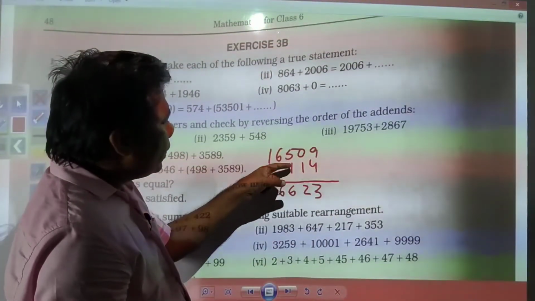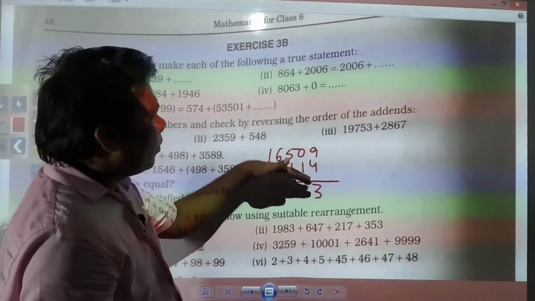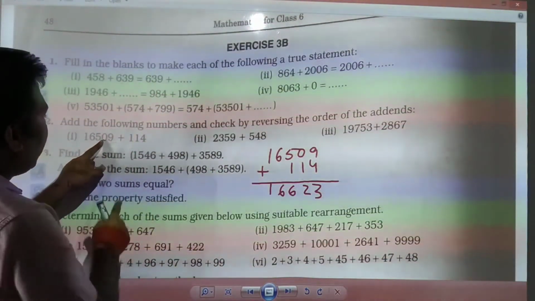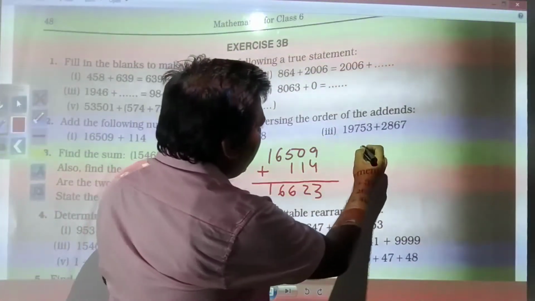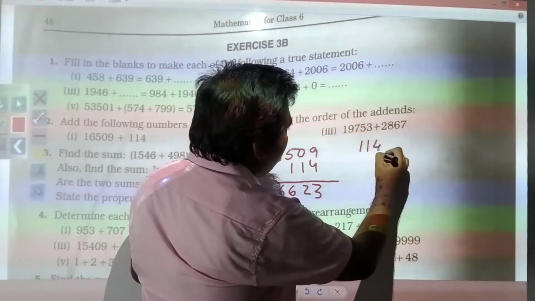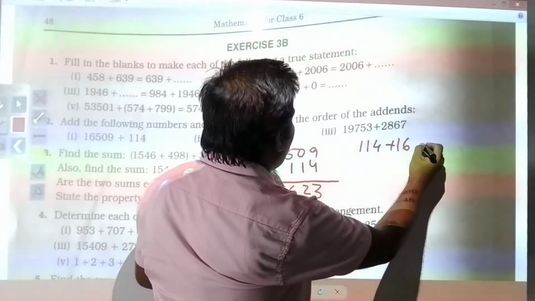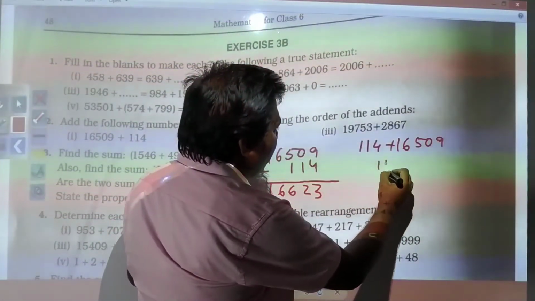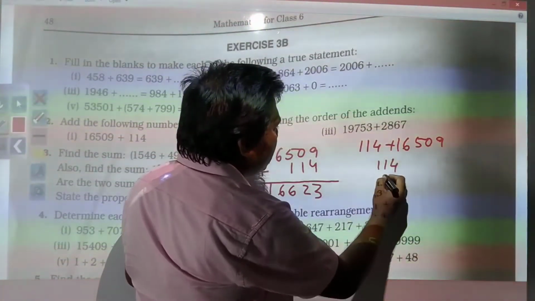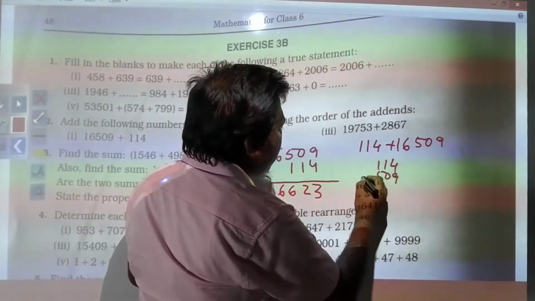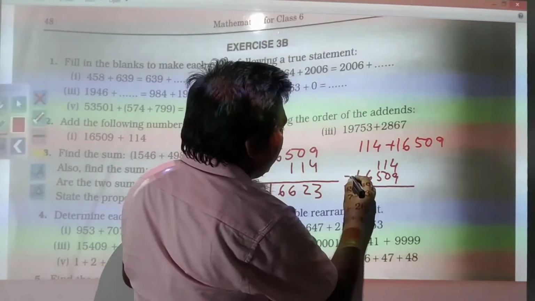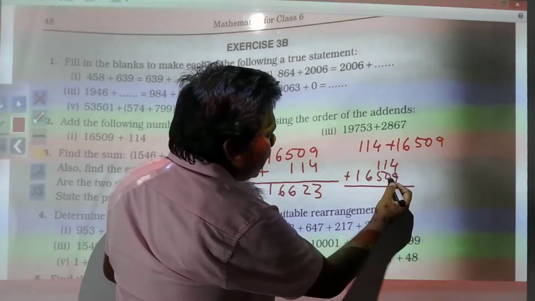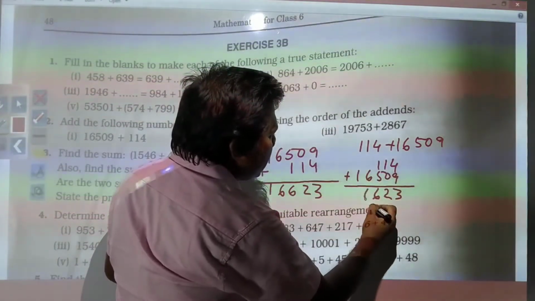Now these addends, if you are reversing them, it means as it has been written 16,509 plus 114, if it is written 114 plus 16,509, then what sum are you getting? You need to add this. 4 and 9 is 13, here you have 2, 6, 6, 1.